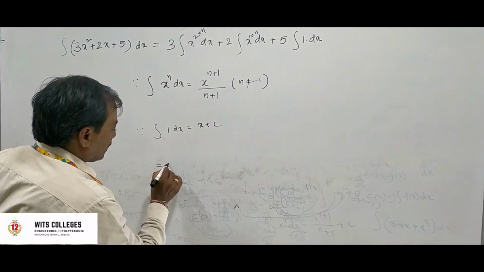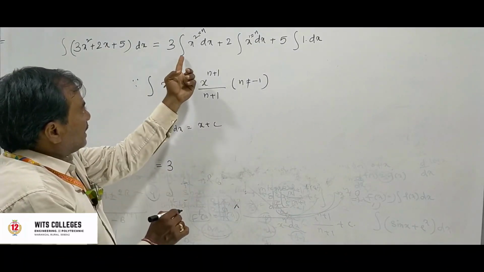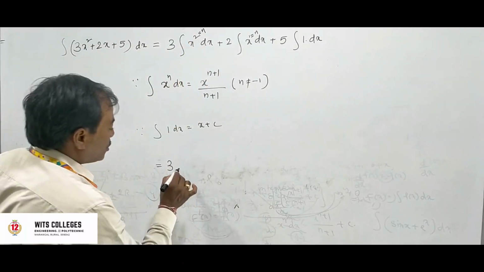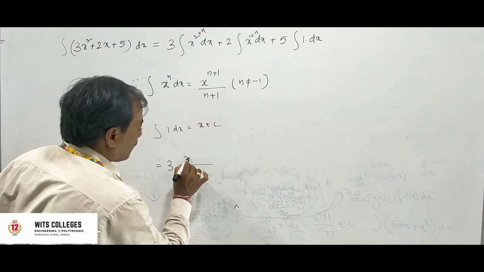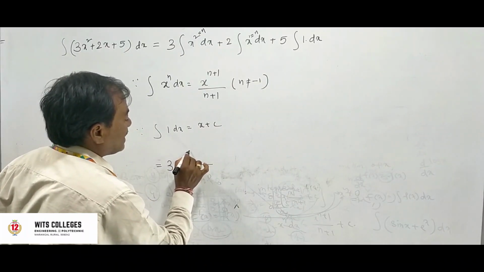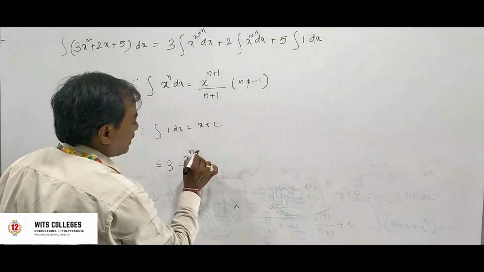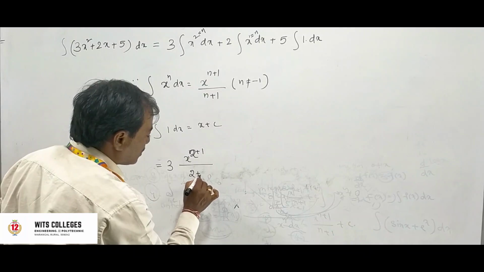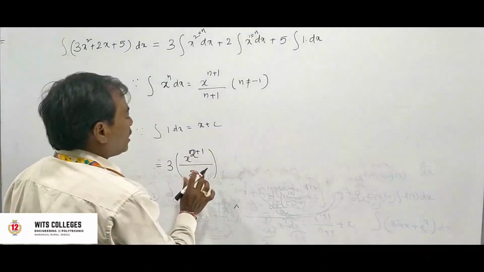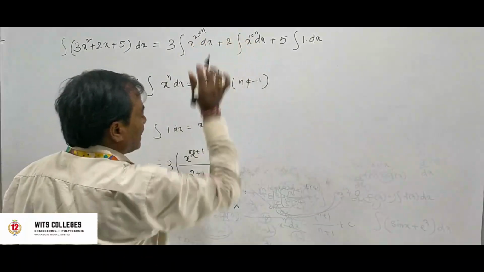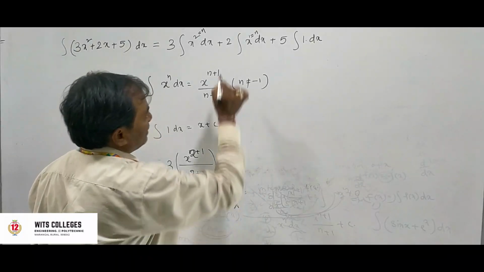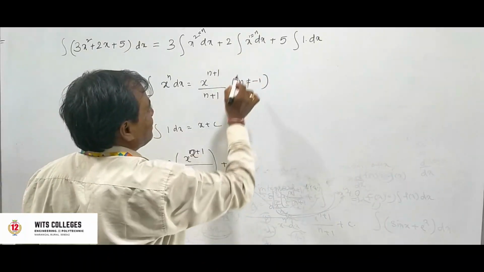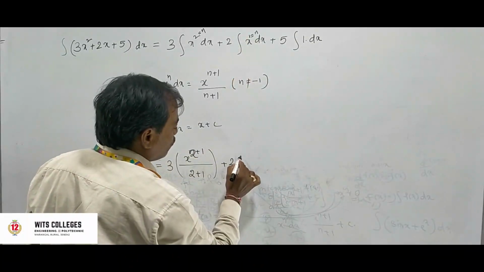Now first one, 3 integration of x square dx. This is equal to x to the power of n plus 1. What is n here? n equal to 2. n plus 1 means 2 plus 1, by 2 plus 1. So this is the value of this integral. Next, second integral, 2 is one constant. Integral x dx, what is n here? n equal to 1.